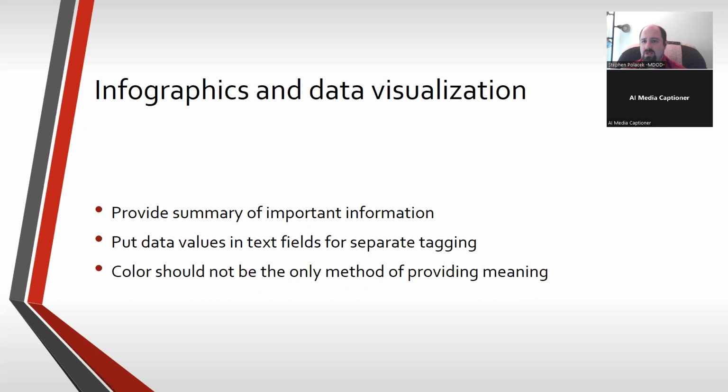That can be things like making it striped or something. It can be just putting the data value inside the bar or the name inside the bar, that kind of thing. Just have some method aside from color that associates that data with its other purpose or point.